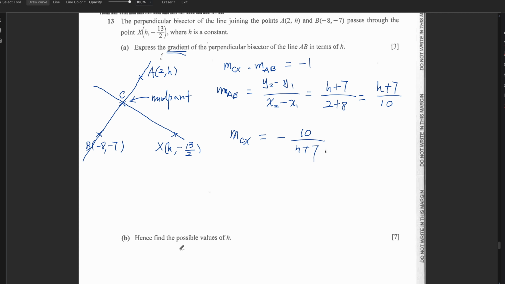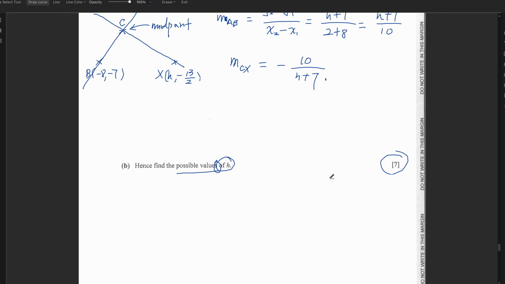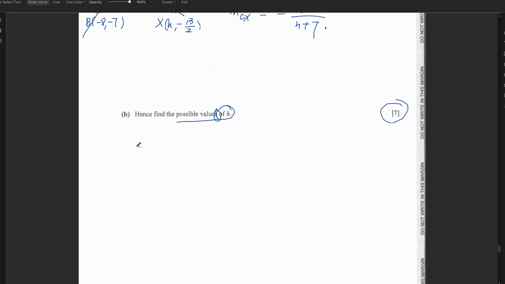Hence, find the possible values of h. There may be one, there may be more than one. Okay, so this is a 7 marks question, so it will take some time. First of all, let's write down the equation of CX. y equals the gradient, -10 over (h plus 7), times x plus c.